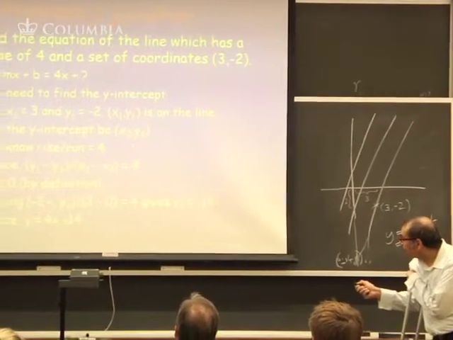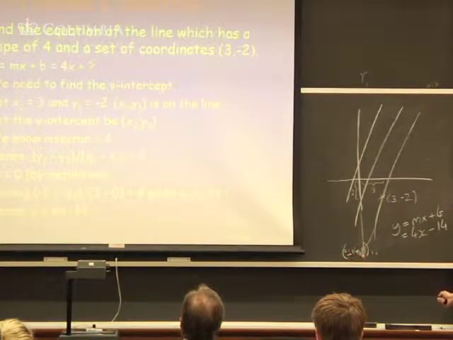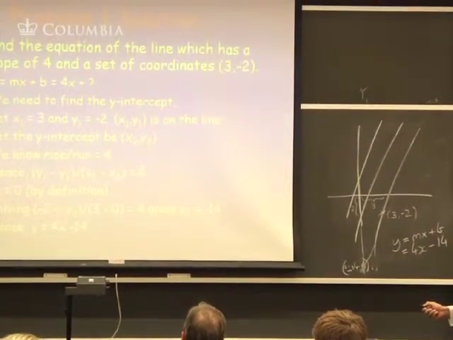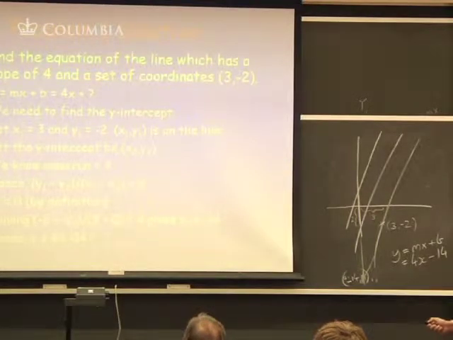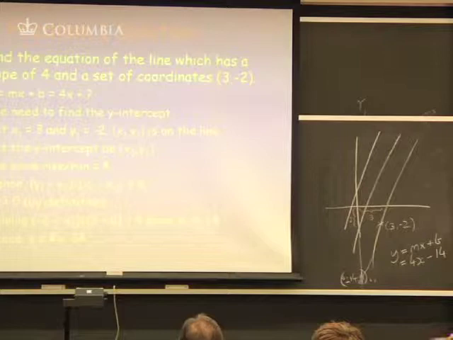We let the y-intercept be x2, y2, the point we're trying to look for. We use the fact that the rise over the run is 4. The change in y is in the numerator, the change in x is in the denominator. We simply solve for y2. We know that x2 is 0 because we're on the intercept.